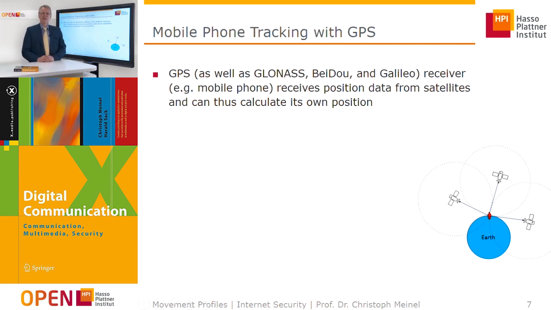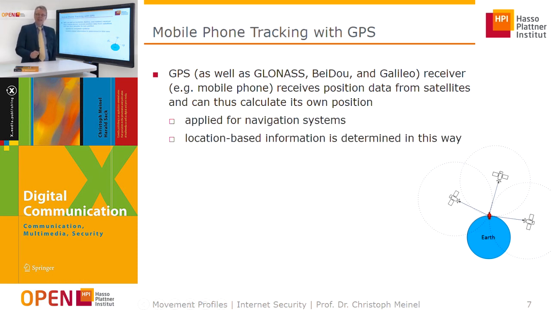A navigation system in a car needs this data to find out where the car is now and what the goal is that the car wants to reach, and to compute the best connection. So there are satellites, and these are the different systems. When a person gets contact through this GPS system to several satellites, then from the positions of the satellites, one can exactly compute the position of that person.